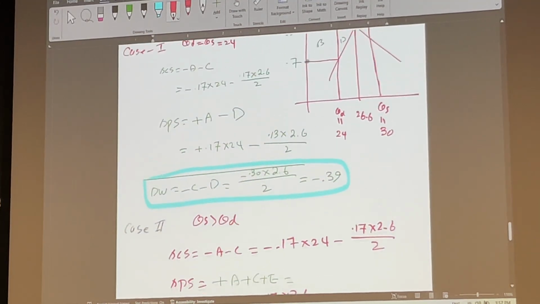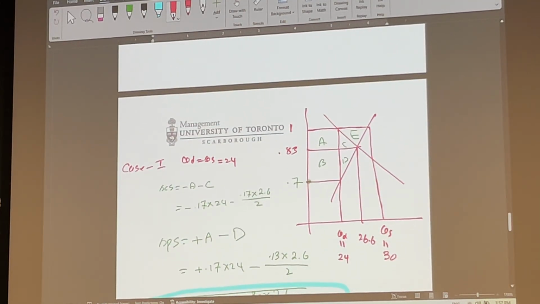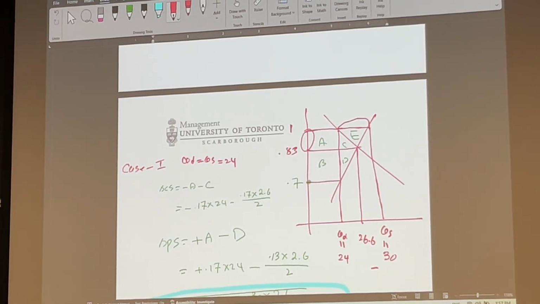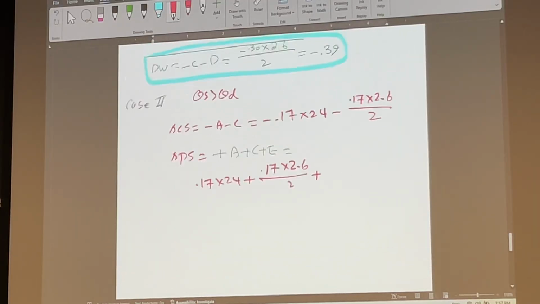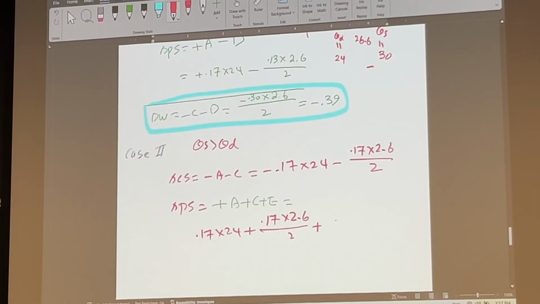How much is E? Well, the height is 17 cents. The length is 6. So 17 multiplied by 6 divided by 2. Right? Height, length.